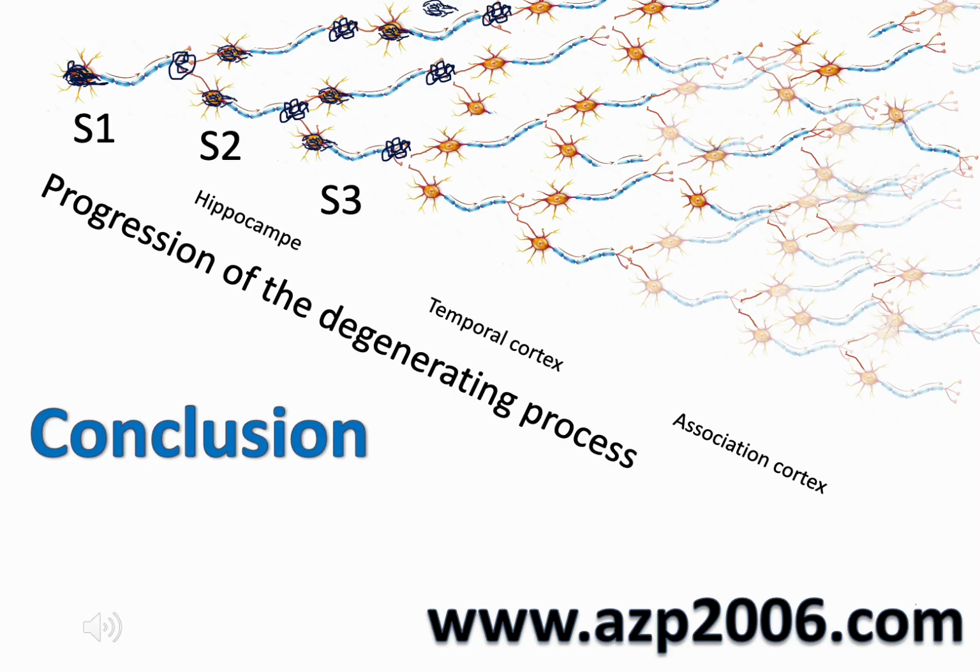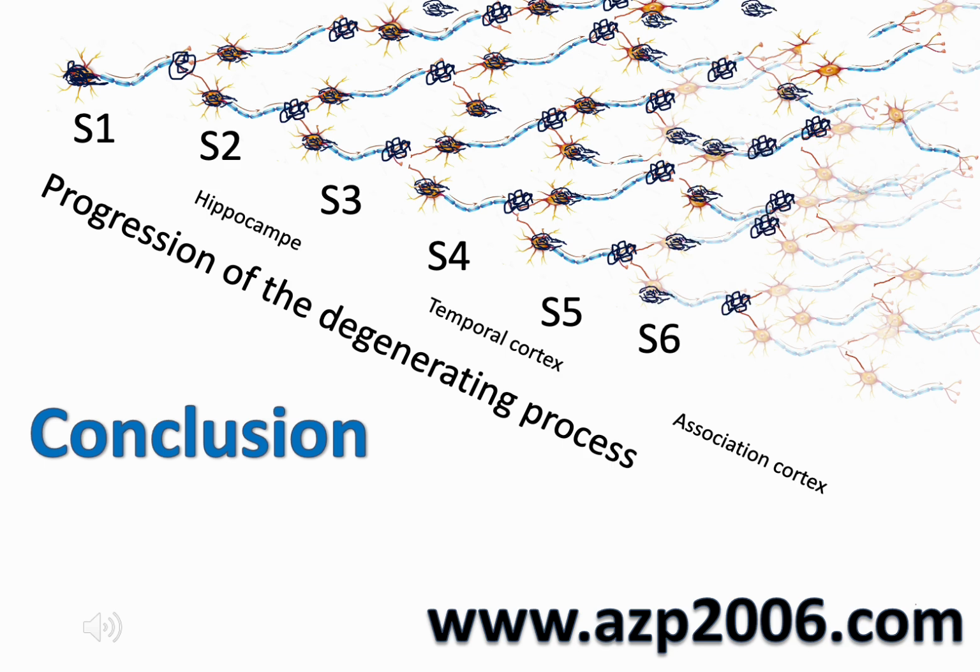The degenerative process as we see it corresponds to a chain reaction of destruction of a particular neuronal network. We mentioned at the beginning of this video that neurons only survive if they are connected to those upstream and downstream for the exchange of neuronal survival factors.